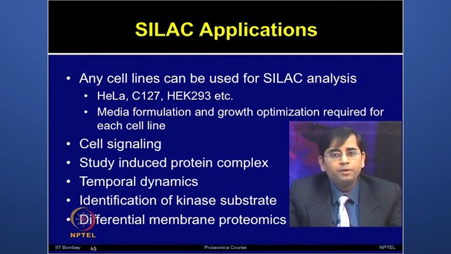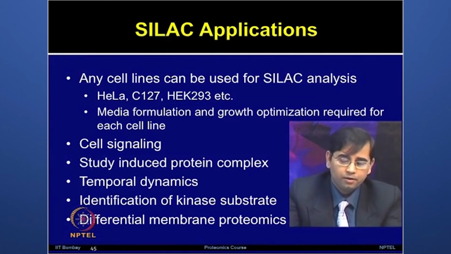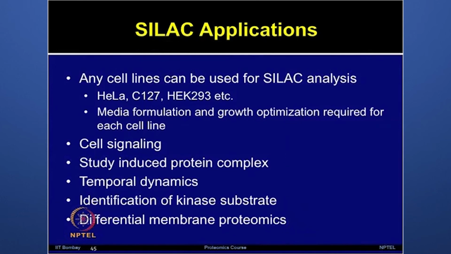SILAC has been demonstrated in different applications such as cell signaling, studying induced protein complexes, studying temporal dynamics, identification of kinase substrates, studying differential membrane proteomics. So, there are various applications. We will have a look at some applications now.